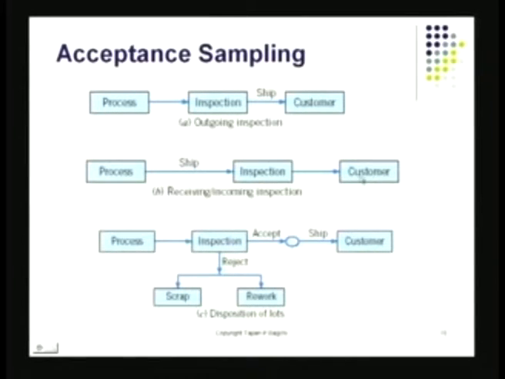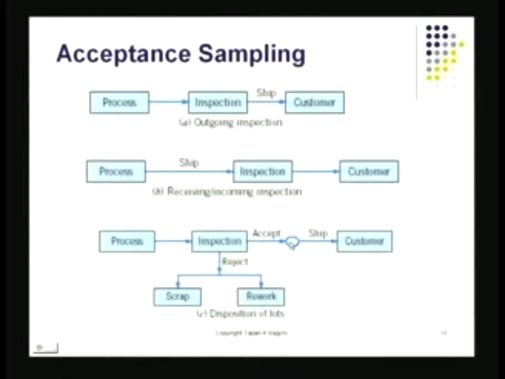Before the customer accepts it, he does an inspection, and this is called receiving or incoming inspection. My shipment took place, and the lot has arrived at the customer's doorstep. He does this inspection by using some acceptance sampling plan. Then of course there is the third procedure. I supply the parts and the customer applies some sort of acceptance sampling plan.